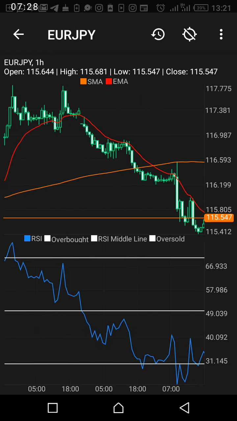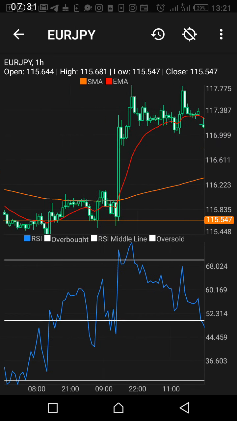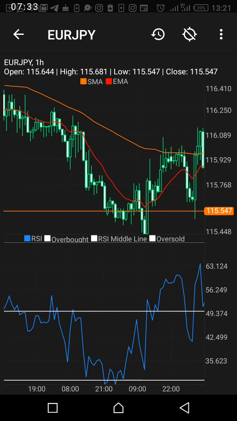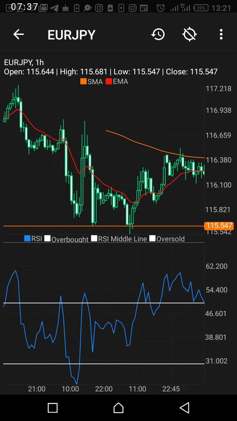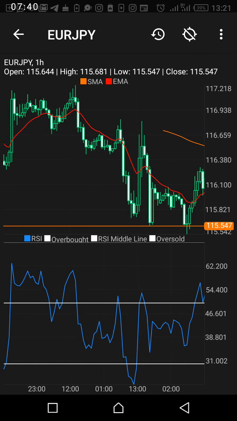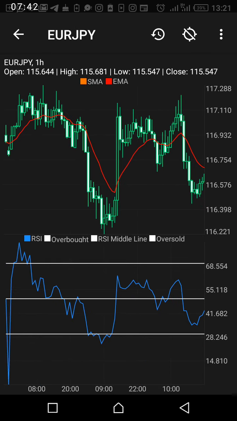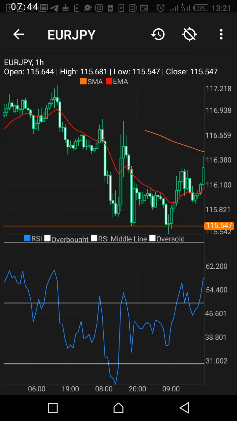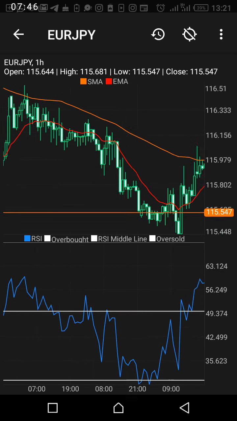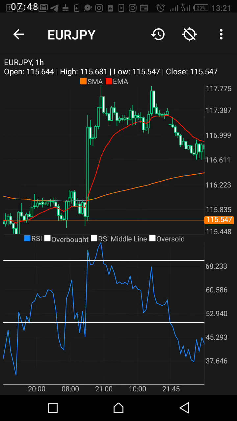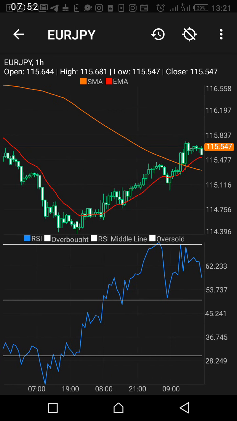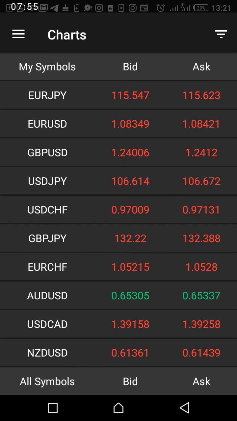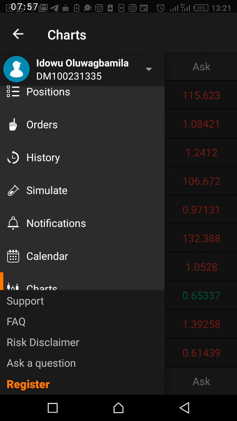So you can use TradingView, you can use MT4 for your analysis, but you are supposed to place your trade using the Zulu app. So I would encourage you to download the app. As for the web version, I'll send another video to address that. So hopefully you'll be able to interact with it.